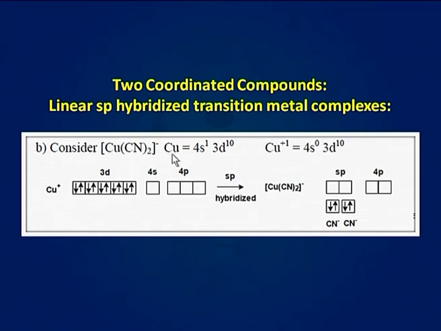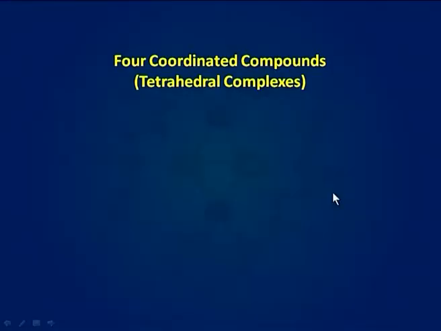Here also copper has electronic configuration 4s1 3d10, and as copper is in +1 oxidation state, it will have a configuration 4s0 3d10. As in the previous example, sp hybridization is required to fulfill the coordination number 2. Now we are going to discuss 4 coordinated compounds.